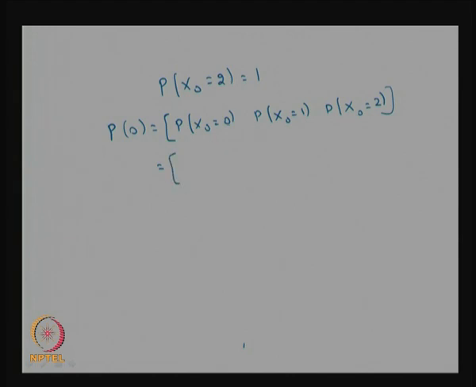At time 0 the system was in state 2, therefore that probability is 1 and all other probabilities are 0. This is the given information about the initial probability vector.